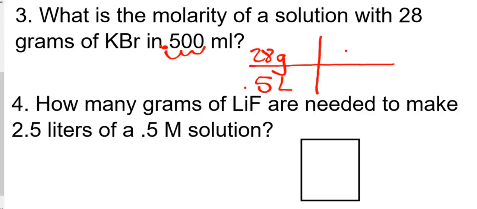So we know moles must go on top, which means what has to go on the bottom? Grams. So we find KBr again, 119. And 1 is right there. Okay? Then you multiply the 2 bottoms and divide 28 by that answer. And was this the 0.5? 0.47?